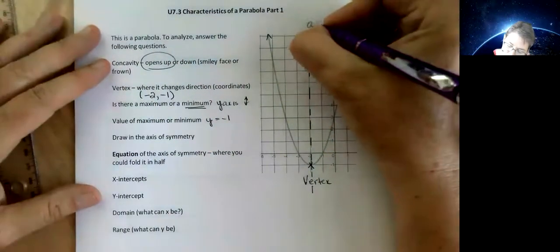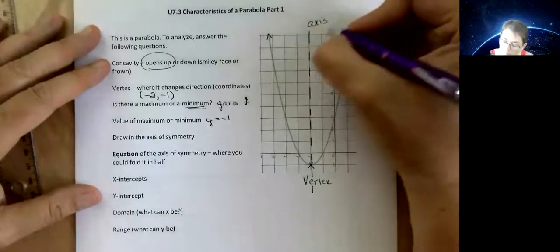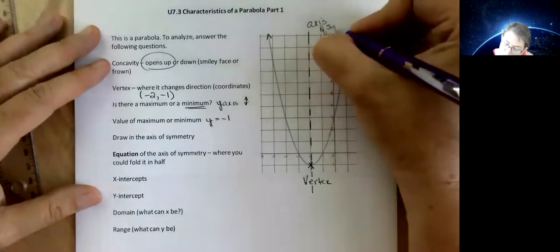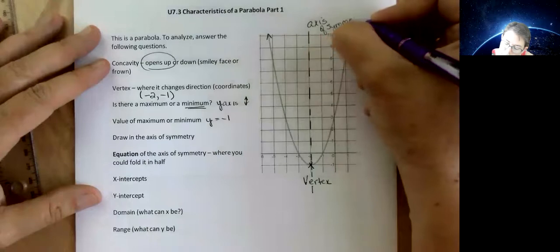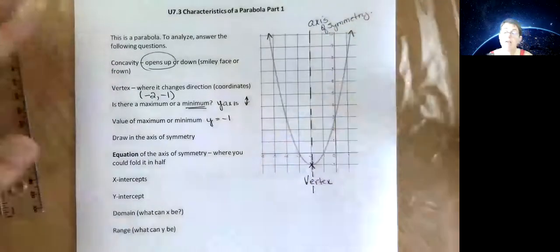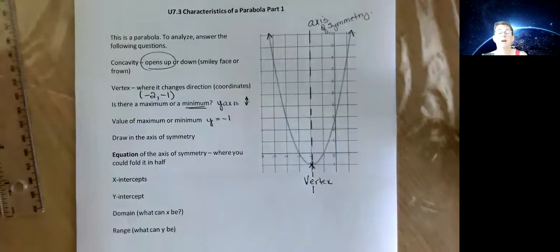So this is my axis. And in the ones we do, it's always going to be a vertical line. Always, always, always. Always a vertical line, always through the vertex.